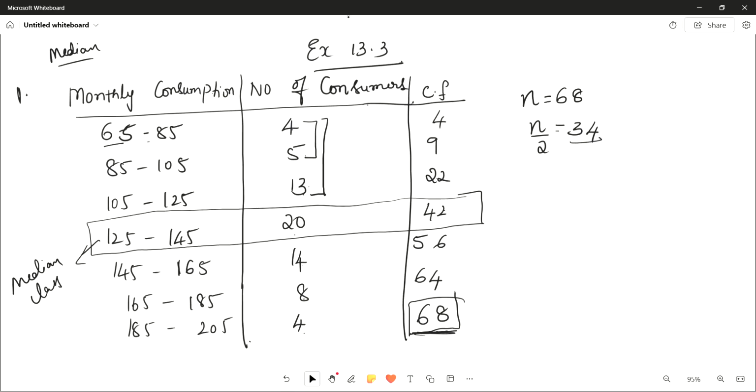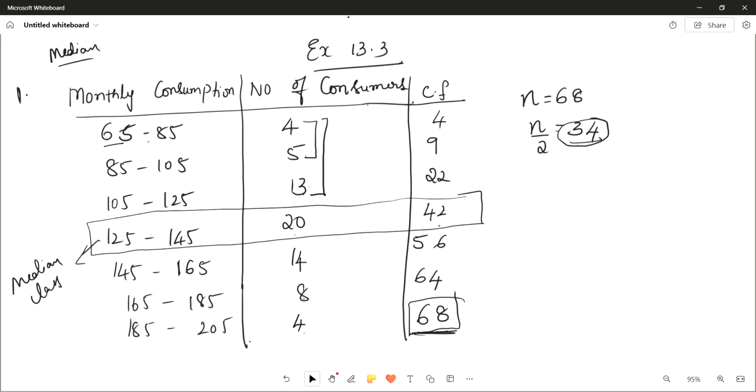We want to calculate the middle number. So in the CF column, where we get more than 34, that we will take as the median class.